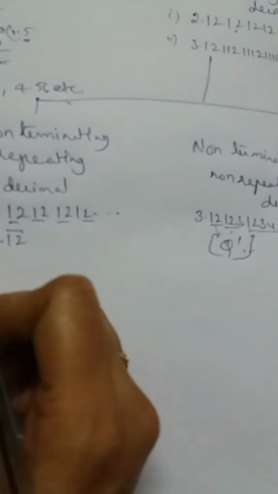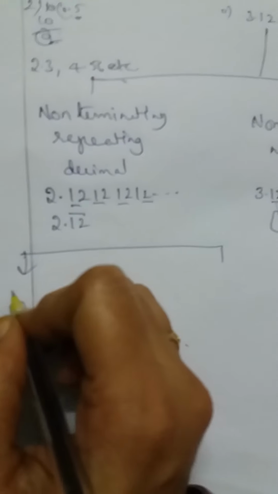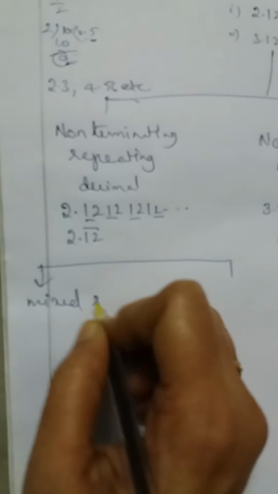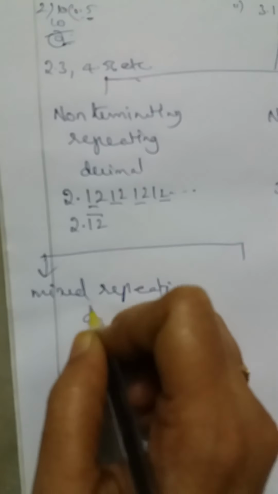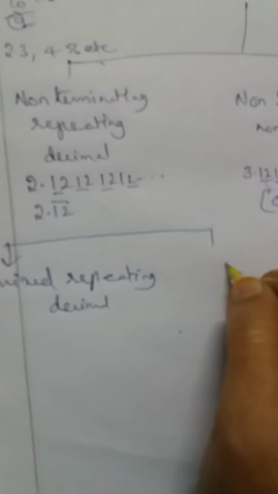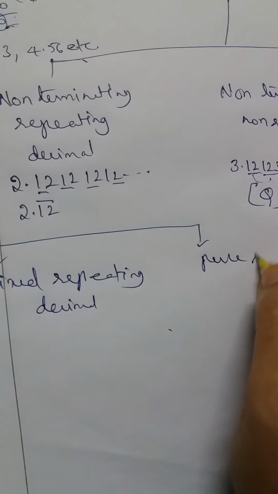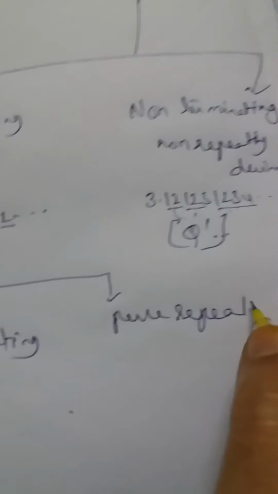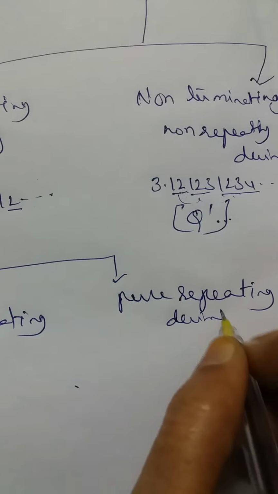Now coming back to non-terminating and repeating decimals, they can be classified into two types: mixed repeating decimals and pure repeating decimals. What is a mixed repeating decimal?